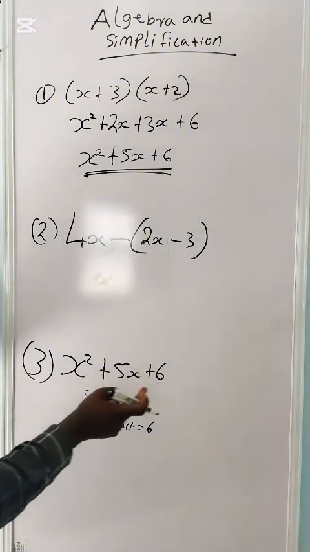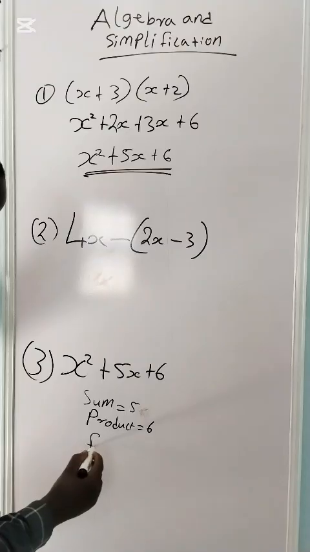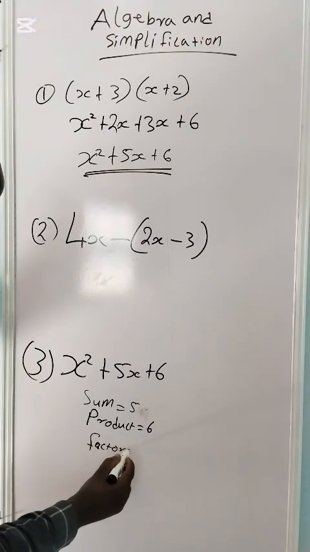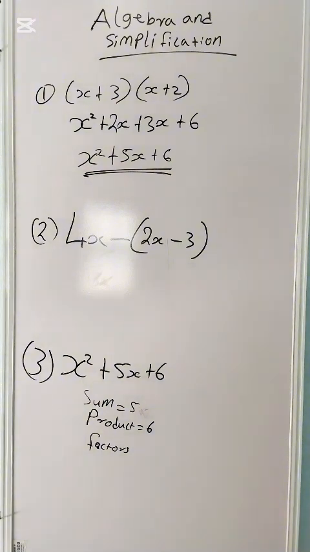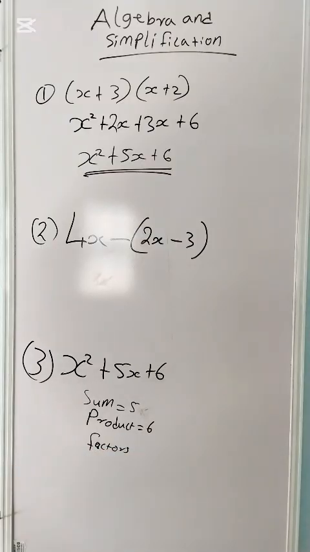Here is the product, here is the sum. So what are the two numbers? That means we are looking for two numbers, factors, that when you add them give you 5, and when you multiply them give you 6. Definitely the numbers are 2 and 3.